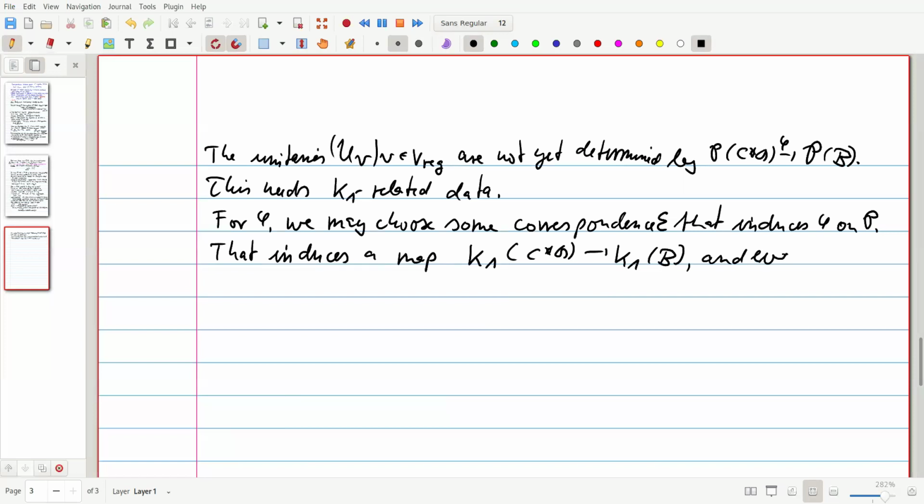And it even induces maps between ideals. Maybe I should use a different notation here. So I want to look at the ideal that's generated by some projection, and then I can take phi of that projection, and it generates some ideal in B. And then I have a map in K1 between these ideals inside my graph C-star algebra.